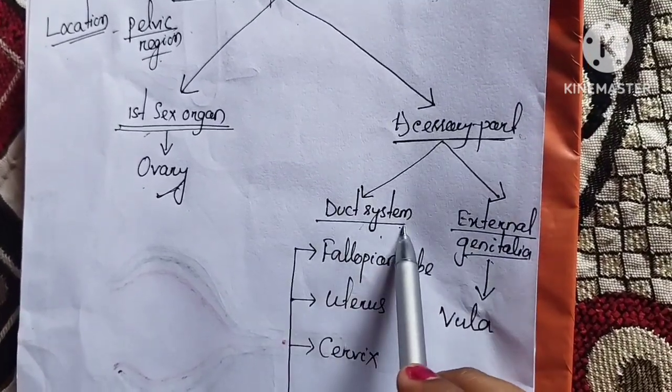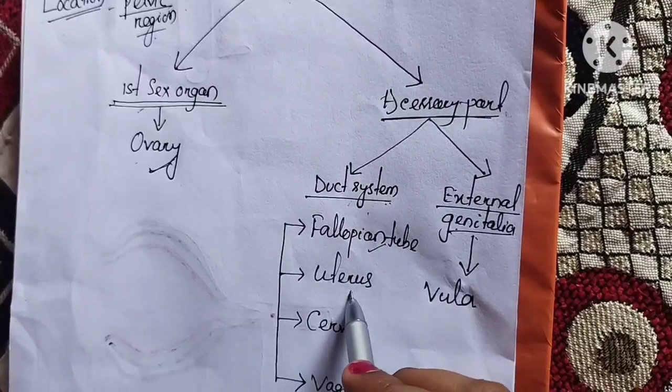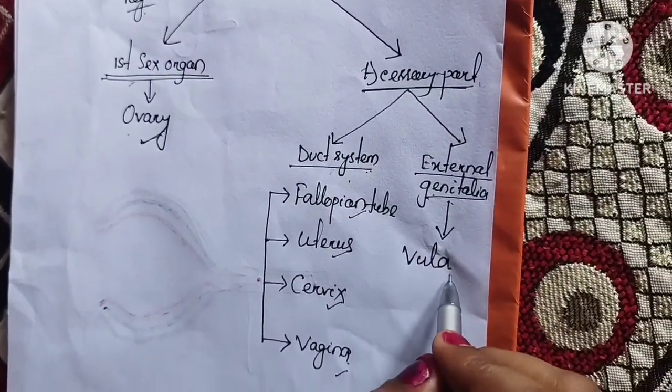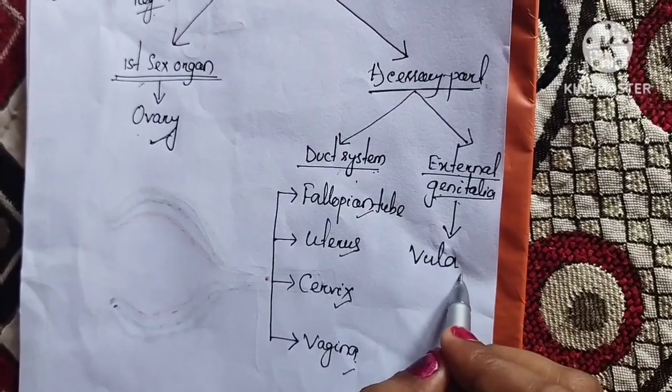The duct system consists of the fallopian tube, uterus, cervix, and vagina. The external genitalia consist of the vulva.